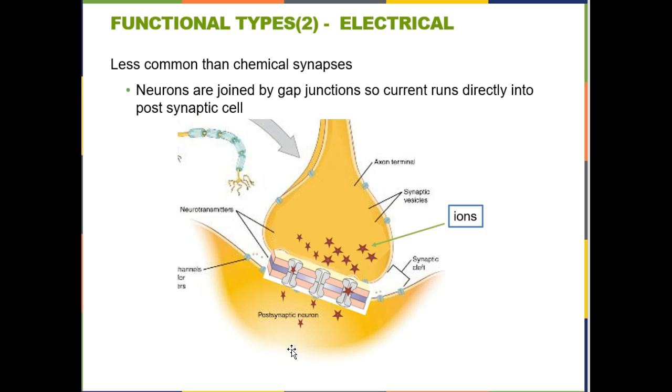So you're skipping the chemical middleman and just having electrical activity in one cell directly affecting the electrical activity in another cell. And again, that's probably the last time you'll hear about this type of synapse this semester.